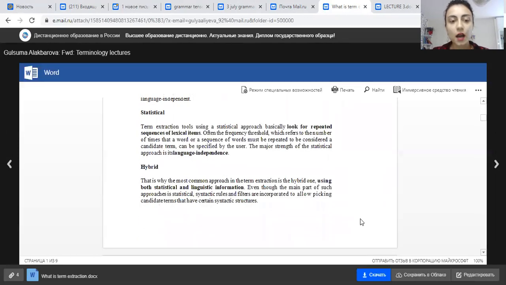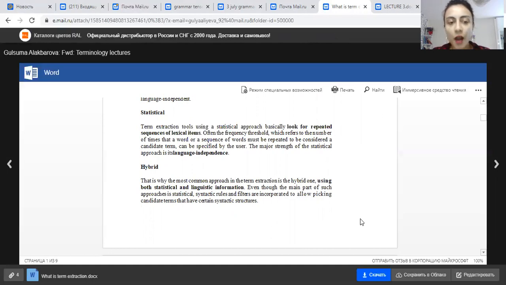And the last is the hybrid approach, the hybrid method of defining terms, which means you pay attention at the same time to the linguistic point of view, and at the same time you try to define its usage, the number of usages in books, in articles, in websites, and you combine these two methods in the hybrid approach.